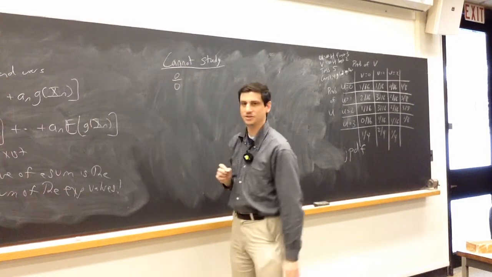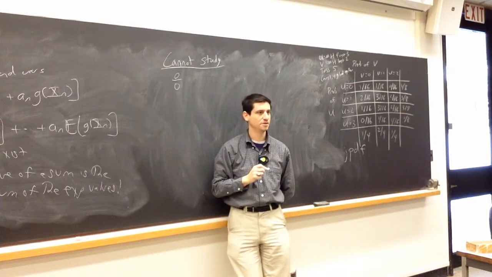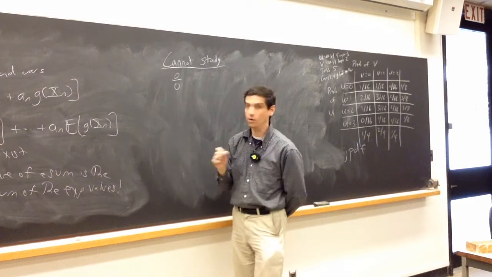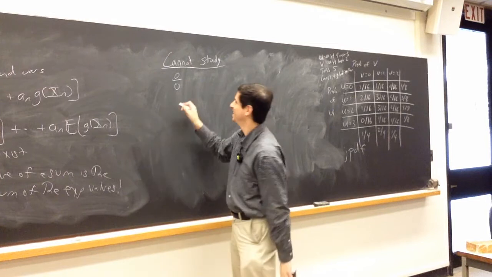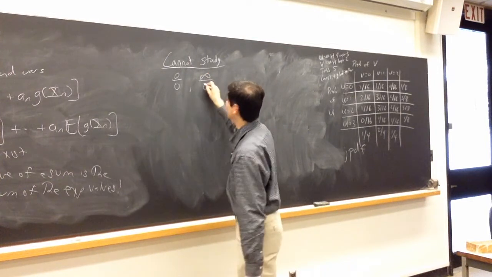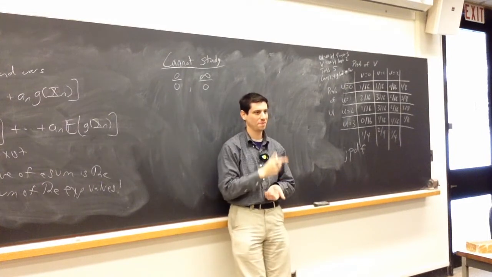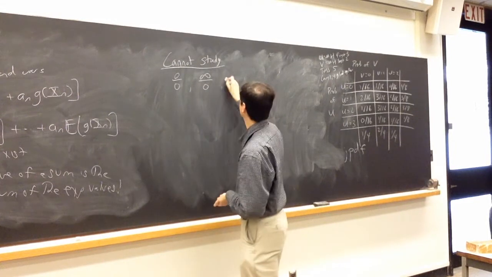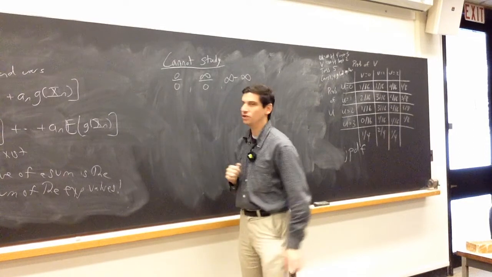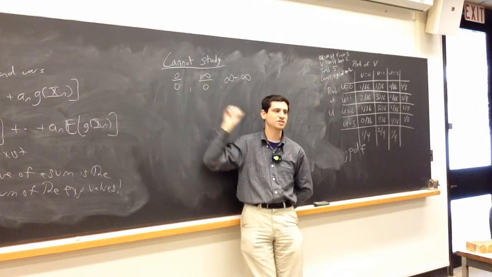What else is off limits? 0 over infinity. No, 0 over 0. Yes, yes. Infinity over 0 is off limits. 0 over infinity is very fine. Okay. What else is off limits? Infinity minus infinity. These are all verboten. You are not allowed to study these.